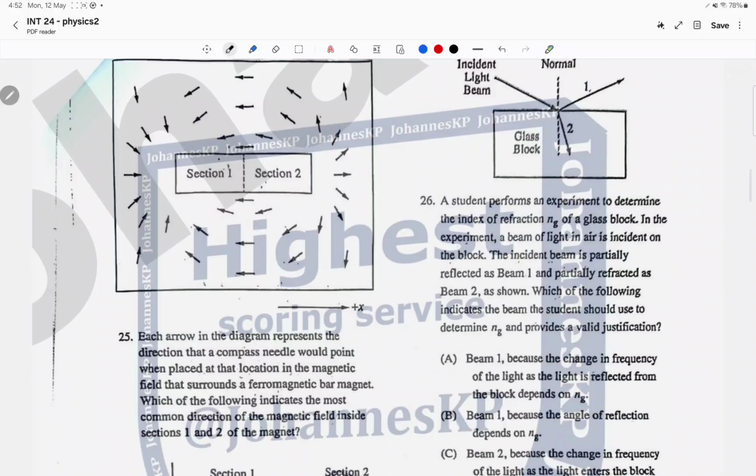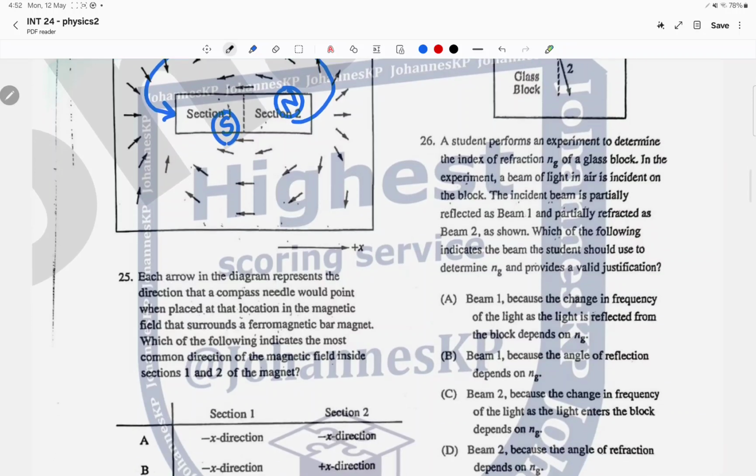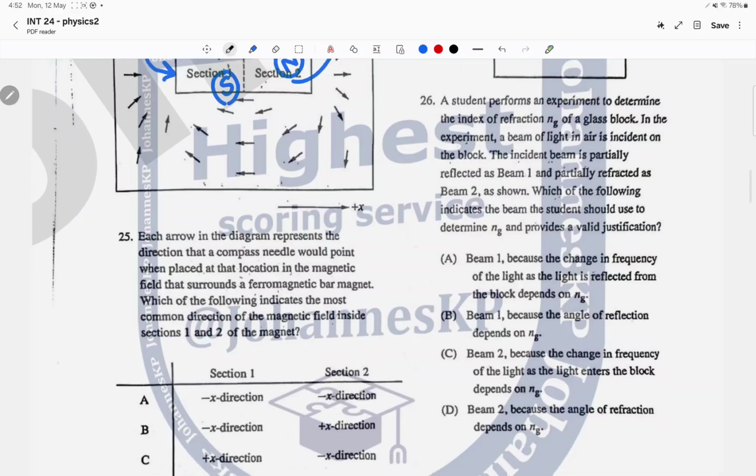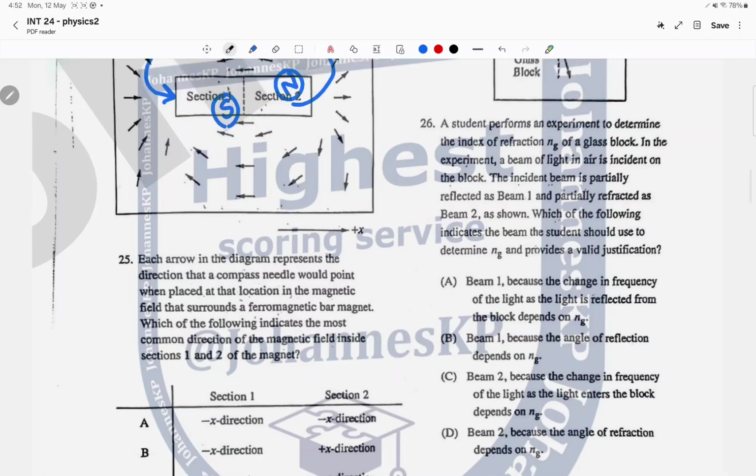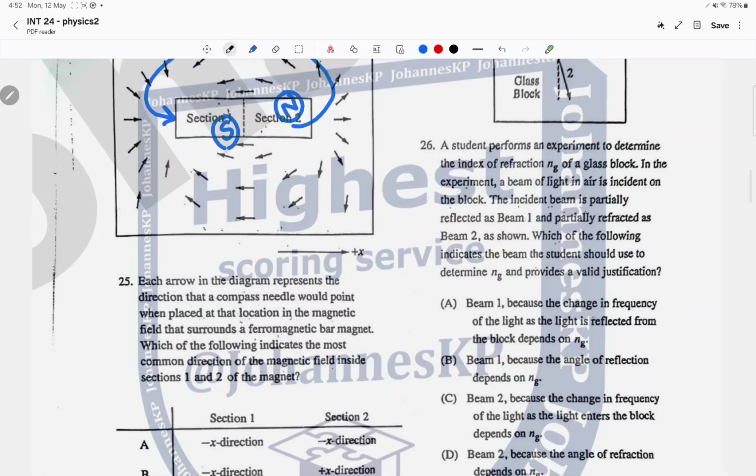What's happening here? This reminds me of the magnetic field that goes through a magnet, leaving the North Pole toward the South Pole. So section 2 is acting as North Pole. Section 1 acts as a South Pole. So the field, in terms of section 1, is going in the plus x direction.